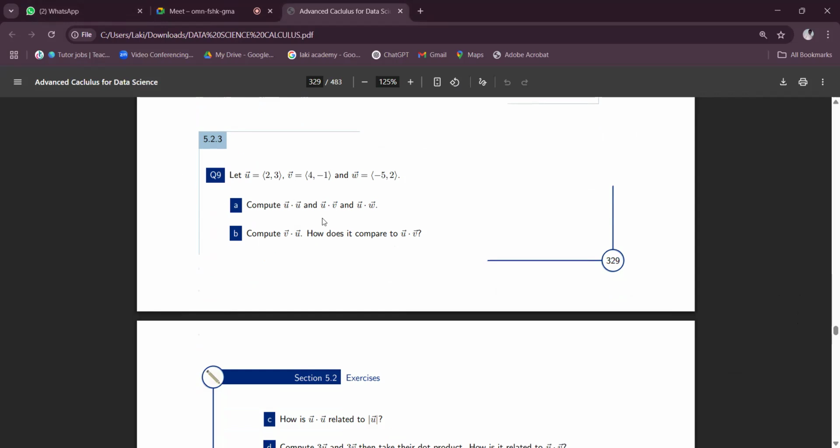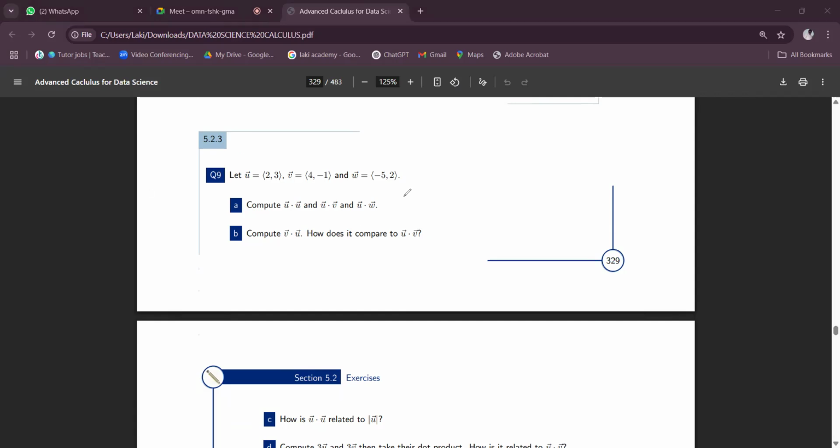What is part A, the final answer of u dot u? Let u be 2, 3, v be 2, minus 1, and w be minus 5, 2. Compute u dot v and u dot u.